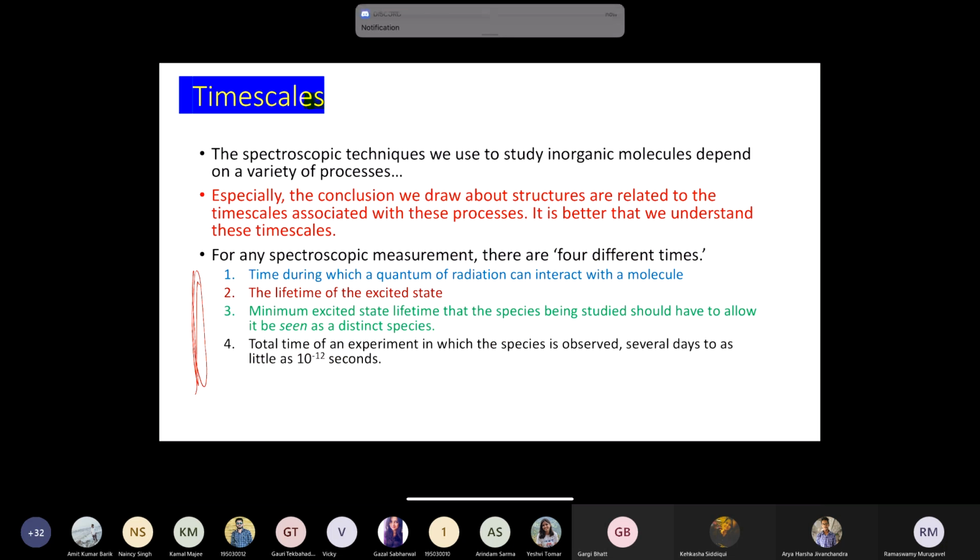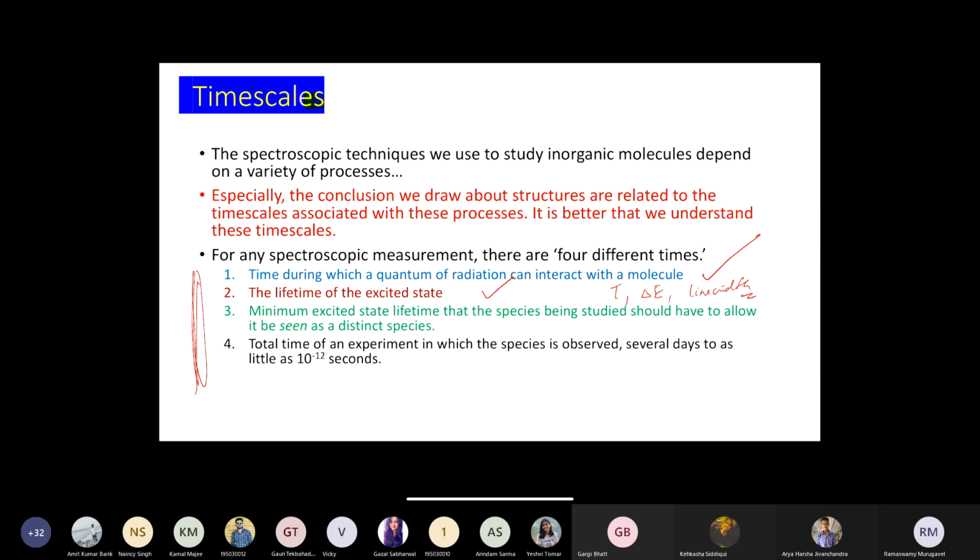This portion I covered, and I talked to you about what is tau, what is delta E, and what is the line width. So probably today you have learned why lines are either sharp or broad, and how it varies with the energy of the radiation. I think that's a good point to stop.